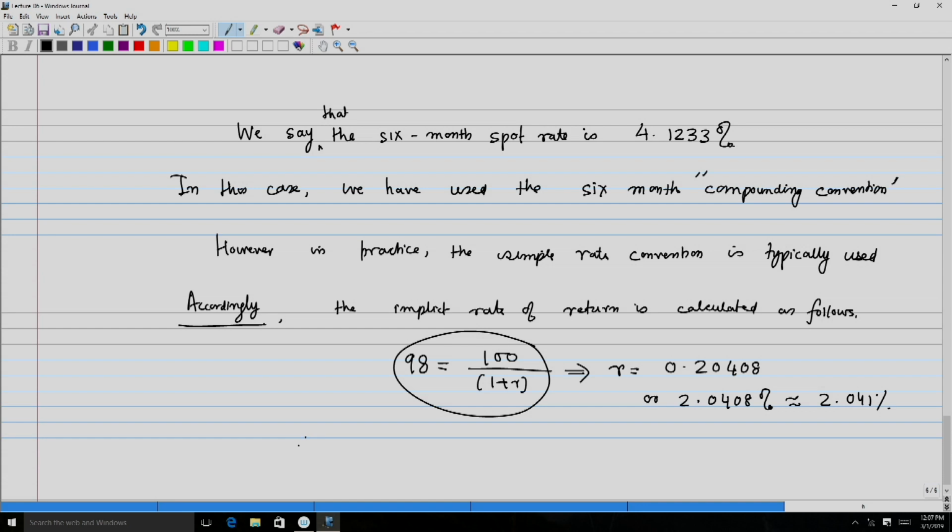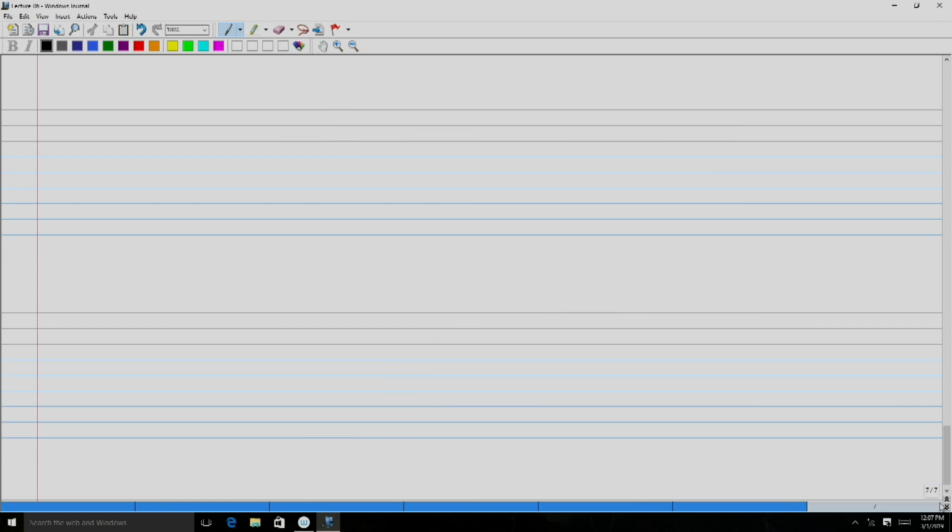So, therefore, the 6-month annualized spot rate is quoted as 2 times 2.0408%, which is equal to 4.0816%.